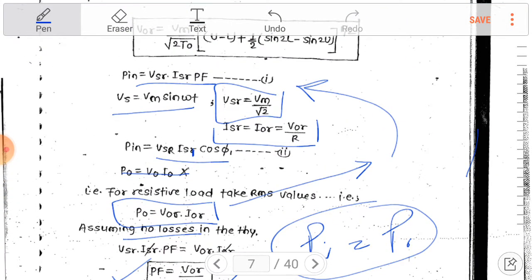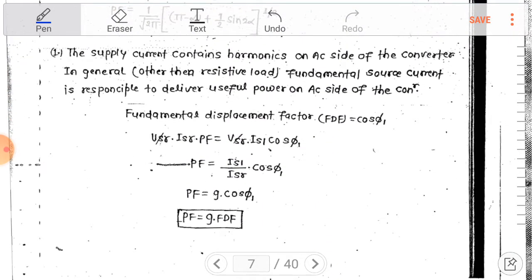And then if we equate with equation number second, we get the power factor as G into FDF, where G is the distortion factor, which is equal to fundamental source current divided by RMS value of source current, and cos phi 1 is the fundamental displacement factor.